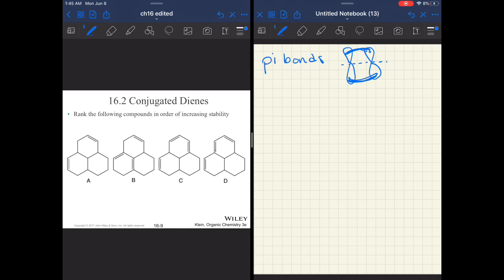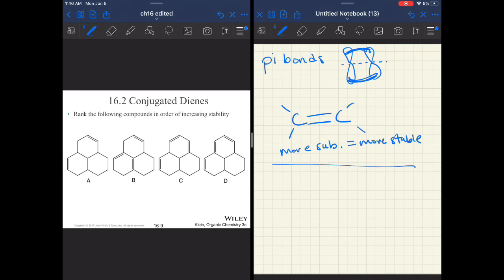But you also already knew something about double bonds before you got here. You know that the more substituted, the more stable. You should have learned that in organic 1. That's why you make a Zaitsev product instead of Hofmann most of the time. It's more stable, and so we want to remember that.